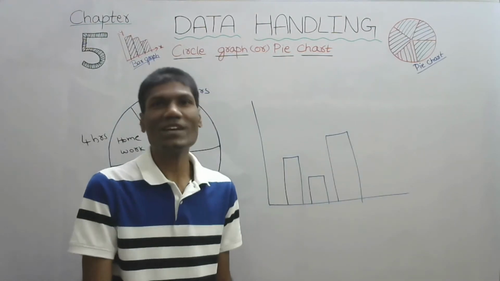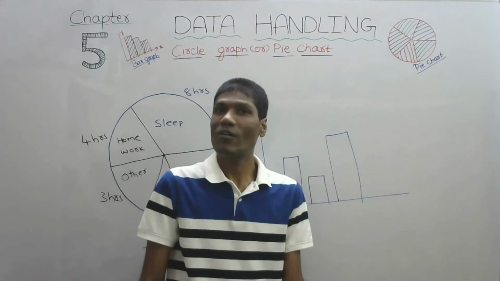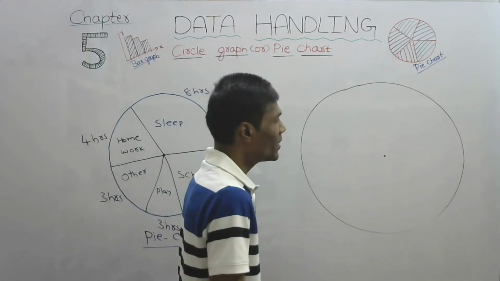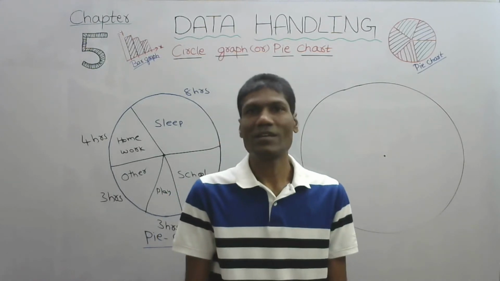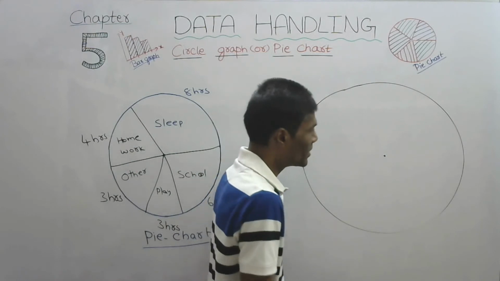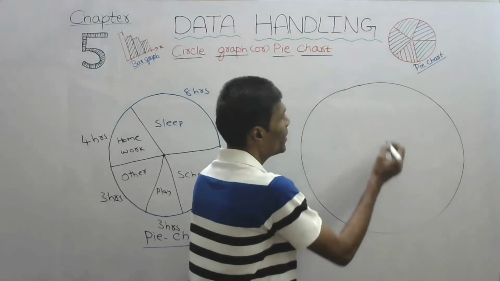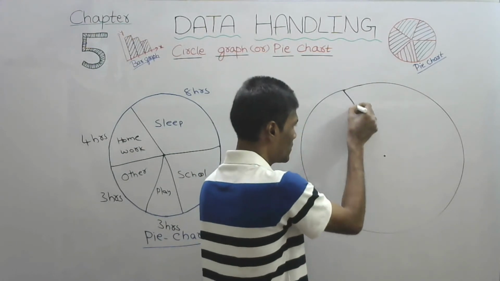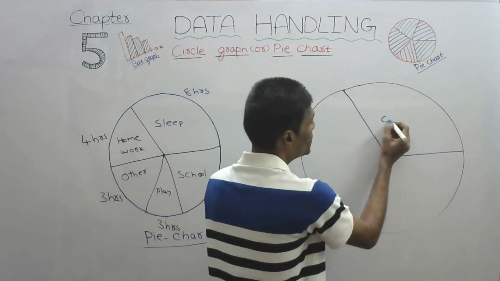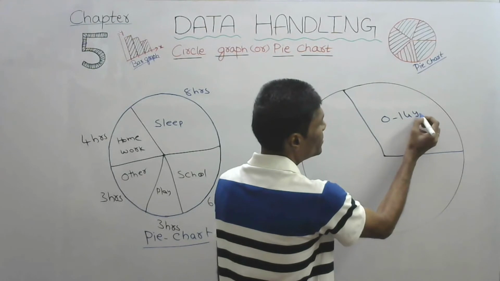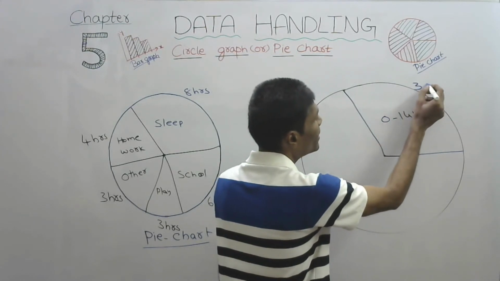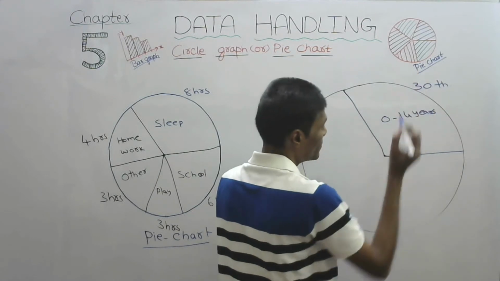Now let us understand the concept by taking one more example. In a town, different age groups are there. A study is conducted, and based on that, let us see how we do it. 0 to 14 years are 30,000.